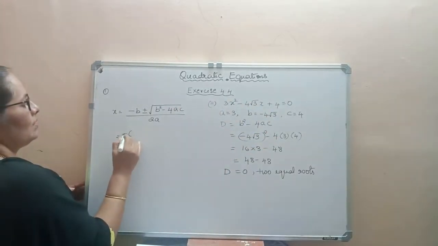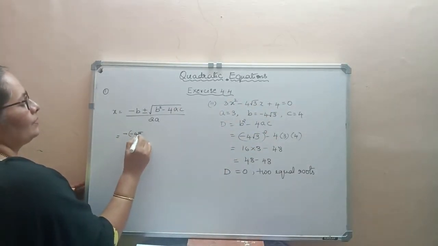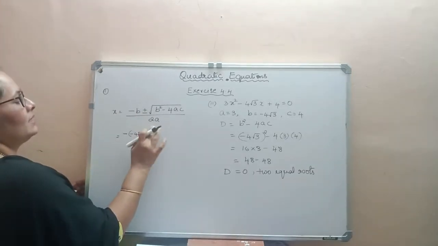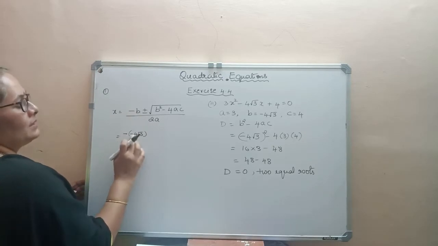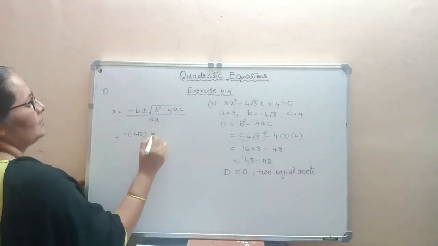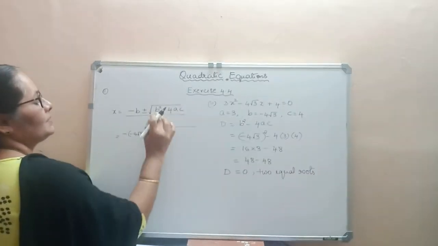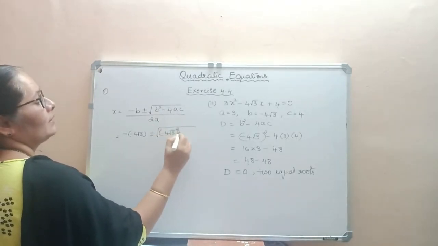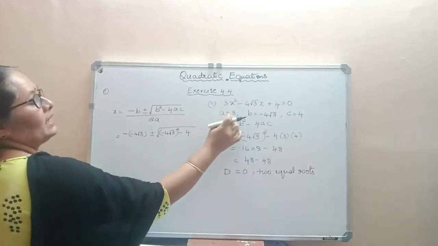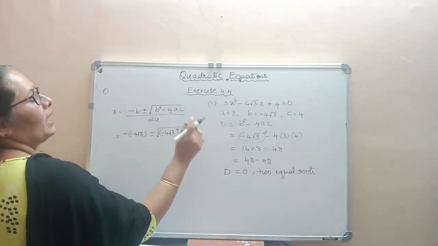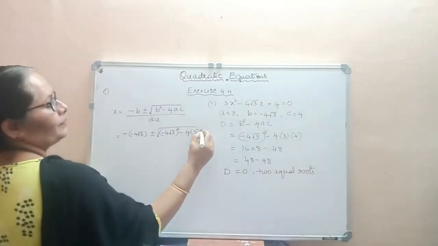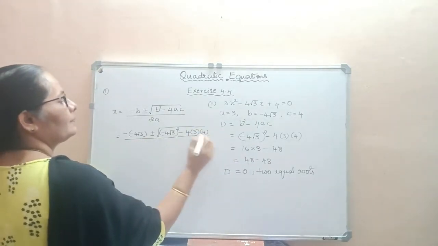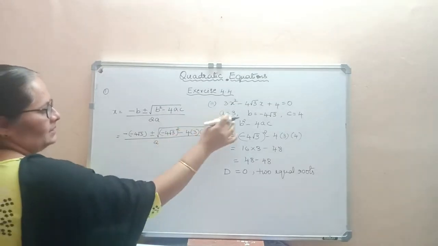So minus of minus 4 root 3, plus or minus root of b square, that is minus 4 root 3 whole square, minus 4 times a, where a is 3 and c is 4, divided by 2a. A is 3.